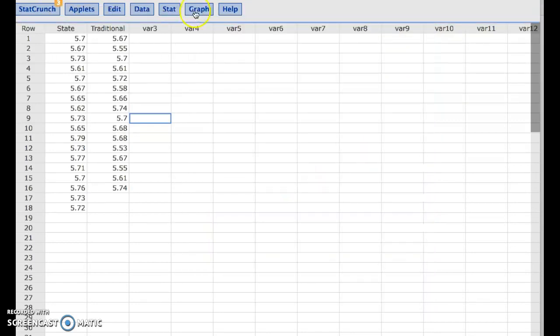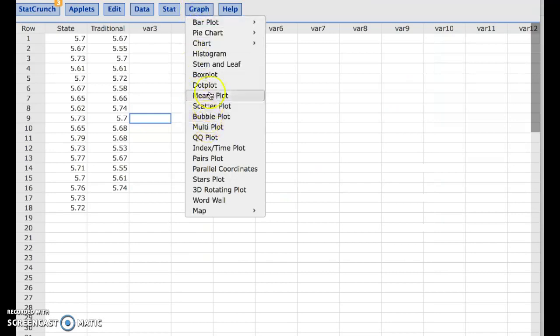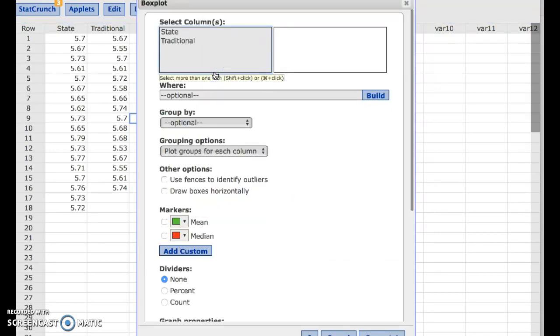Then for our box plots, again, select both. This will create a side-by-side box plot, two box plots on one. Check your fences and we'll draw our boxes horizontally and compute.